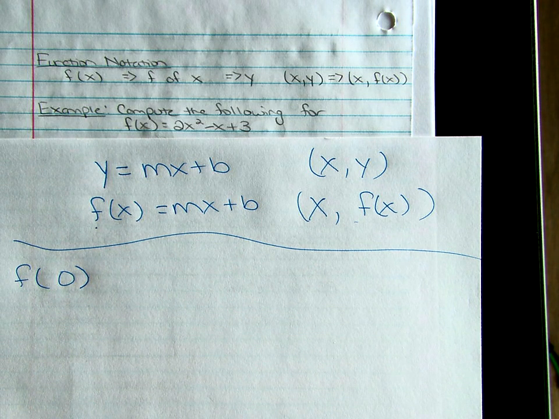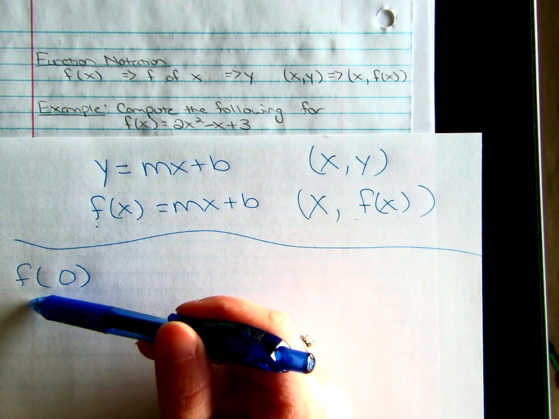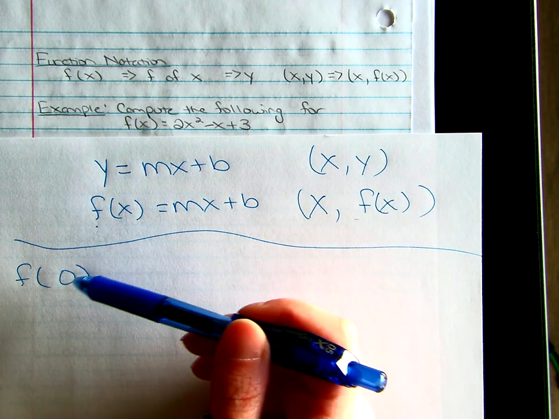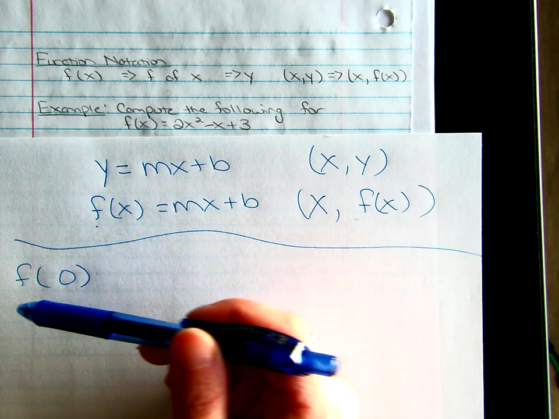And then you can't see anything else because if I show you more, then it gives away the answers. So I'm showing you right here that they want you to compute the function in terms of 0. That's what this is saying. The function in terms of 0.